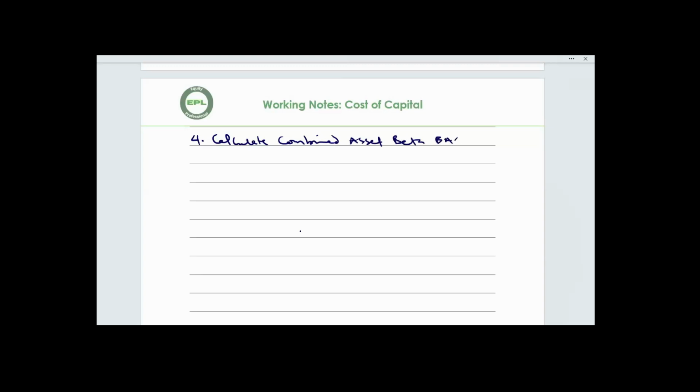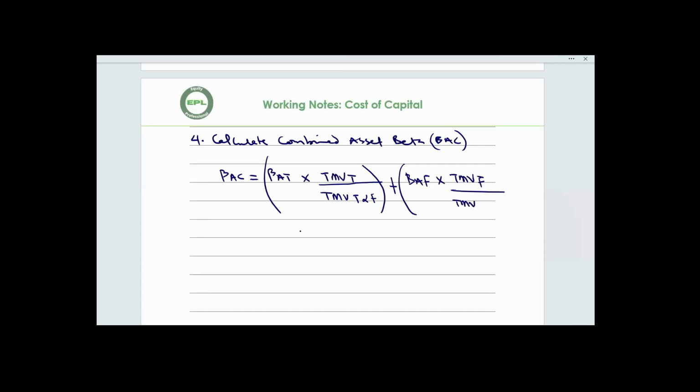The combined asset beta will be calculated as asset beta of training multiplied by total market value of equity and debt of training, divided by total market value of training and financial, plus beta asset of financial service multiplied by market value of financial service divided by the total market value of training and financial.